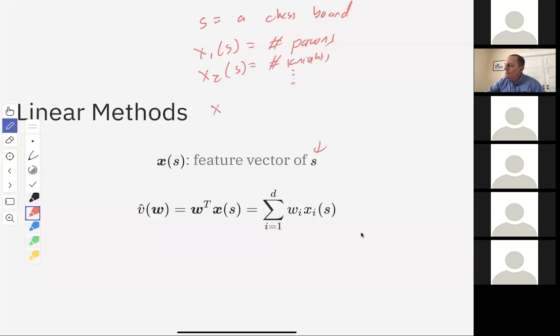And then maybe x11 of S might be whether we're in check or not. And x13 might be something about our mobility in the middle of the board.